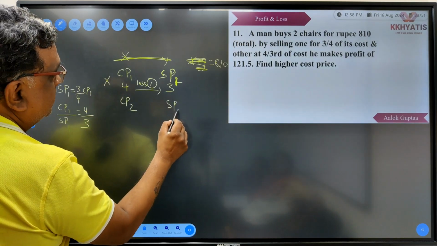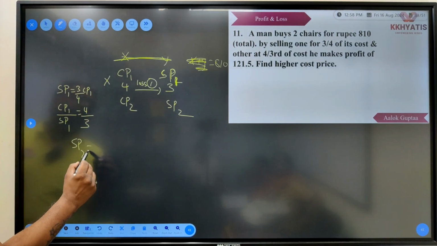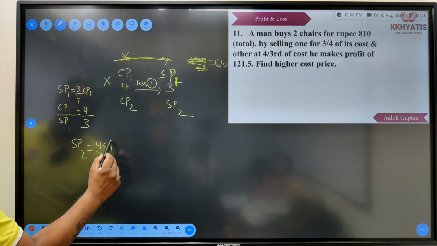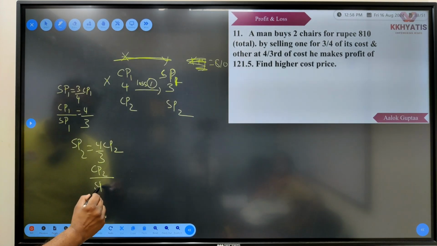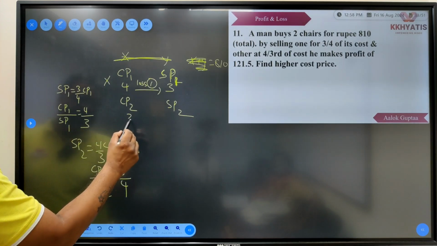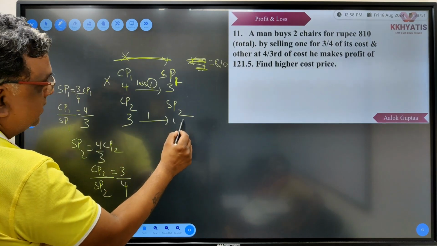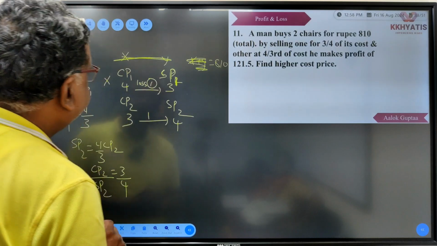Now in the second scenario, CP2 and SP2. SP2 was 4 by 3 of CP2, which means CP2 upon SP2 is 3 by 4. So your CP is 3, profit is 1, and SP is 4. Right?